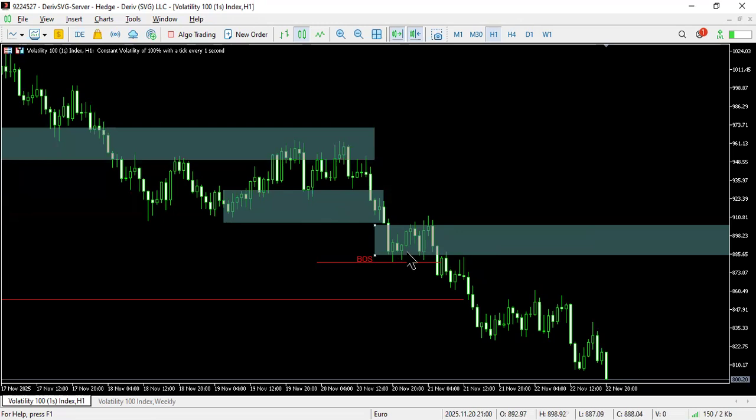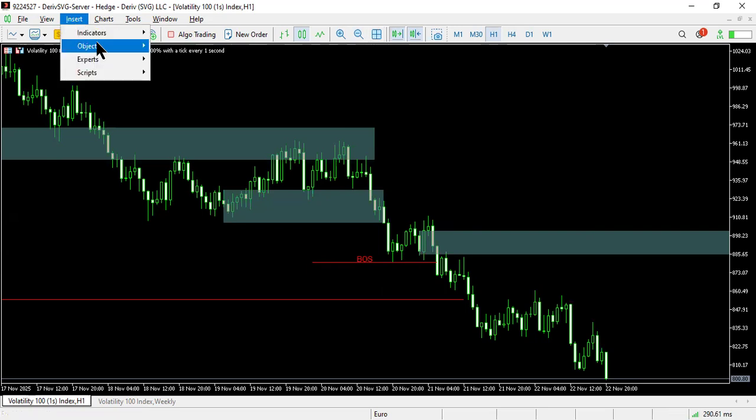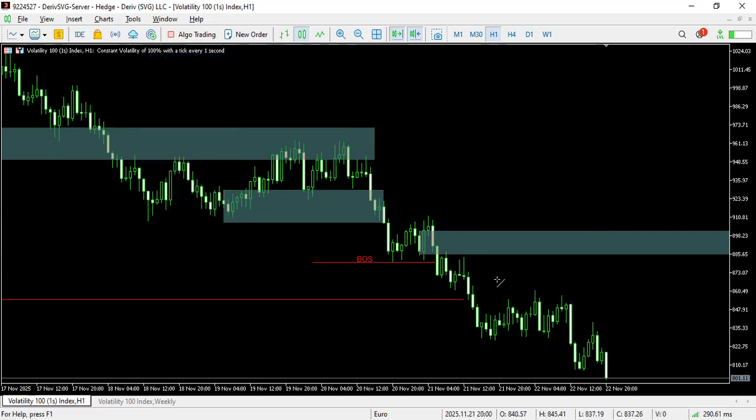And then the other block which caused that break of structure, that is the one I'll be targeting. And I'm seeing all these other blocks that price is leaving behind as liquidity, the trend line liquidity that price will sweep and then go and tap us into that order block.